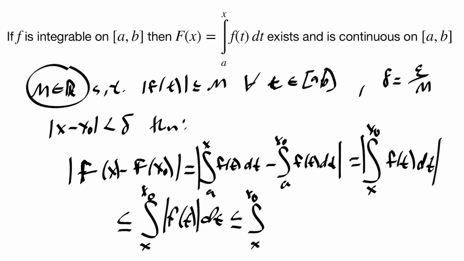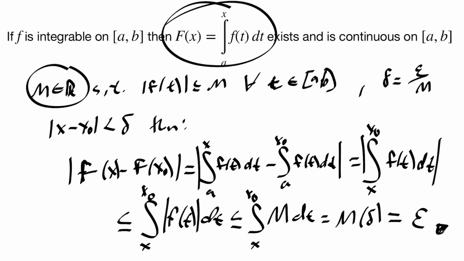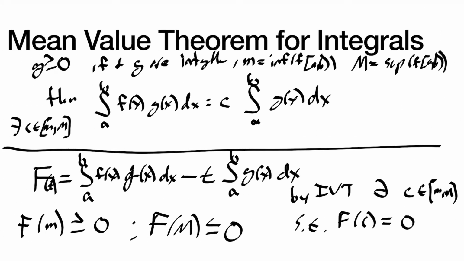So this is less than or equal to the integral from x to x naught of M dt, which is equal to M times delta, because delta is the distance between x and x naught. But now, since delta is epsilon over M, this is epsilon. Okay, so that's at the heart. So that's why this function right here ends up being continuous, and that's an important function to be continuous as we go through the rest of the semester.